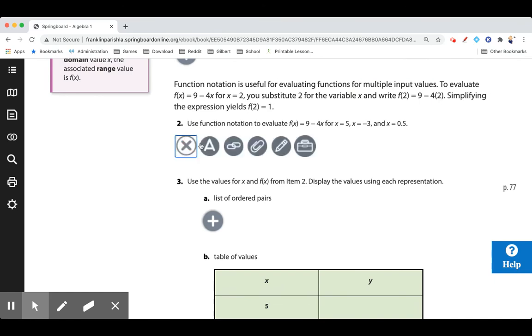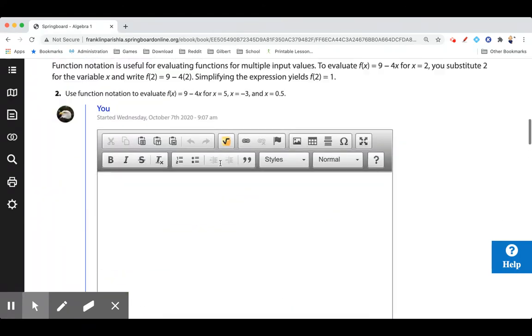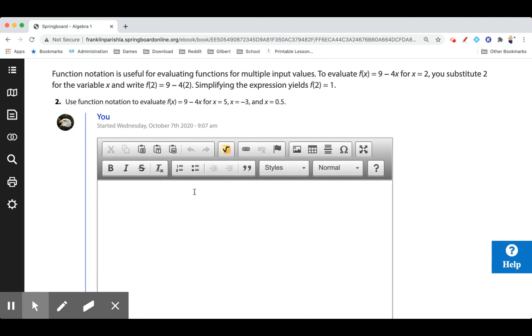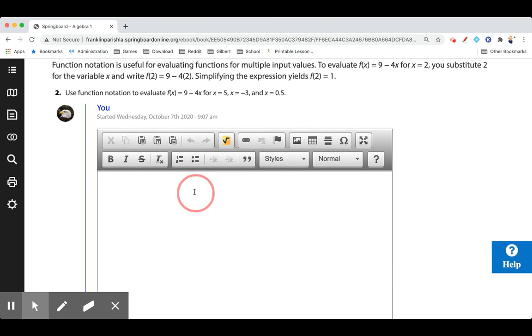So let's look at number 2. Using the function notation to evaluate f of x equals 9 minus 4x for x equals 5, x equals negative 3, and x equals 0.5. So we'll write this as f of 5 equals 9 minus 4 times 5.